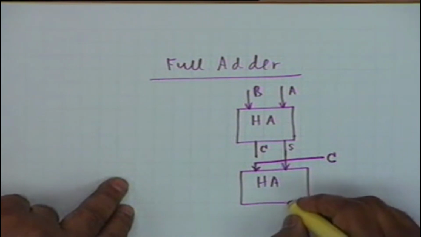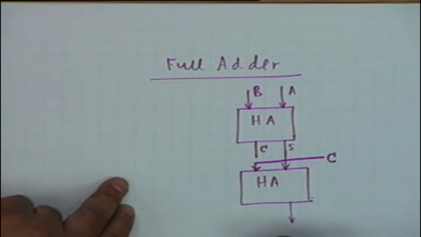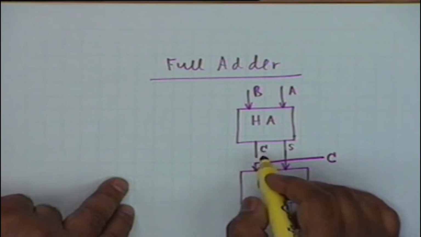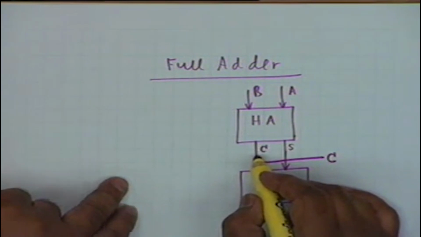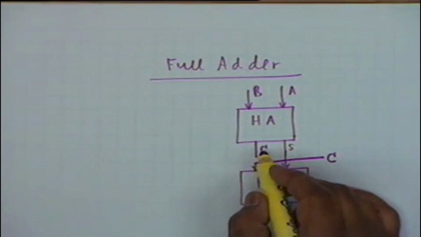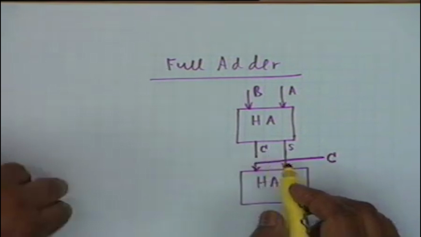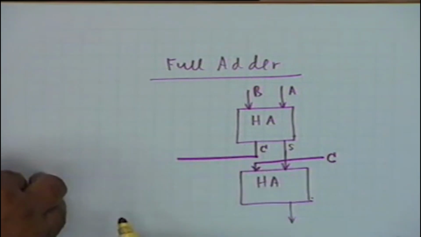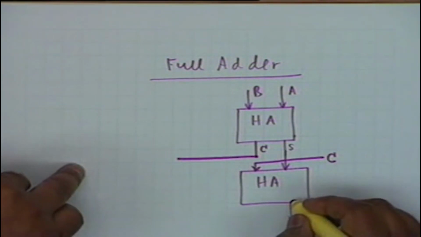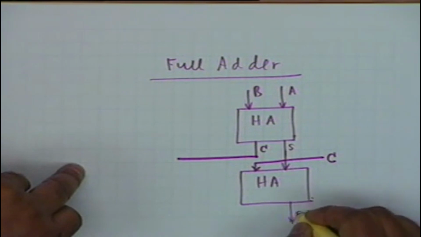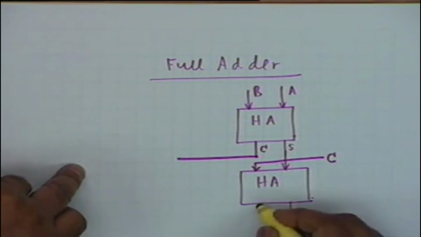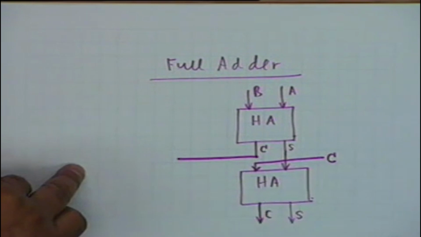The result would be a sum and a carry. Where would this carry go? To the next left addition point.